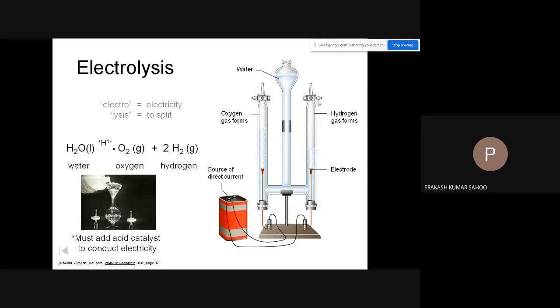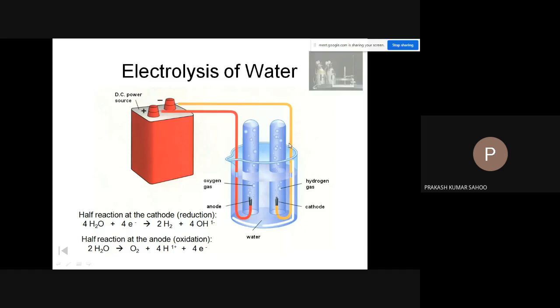This is the electrolysis chamber or apparatus, where two electrodes are here. Here water is there, and if I connect the source of electricity, then bubbling will be there, and these bubbles represent the formation of hydrogen and oxygen gas, which can be collected through external containers.